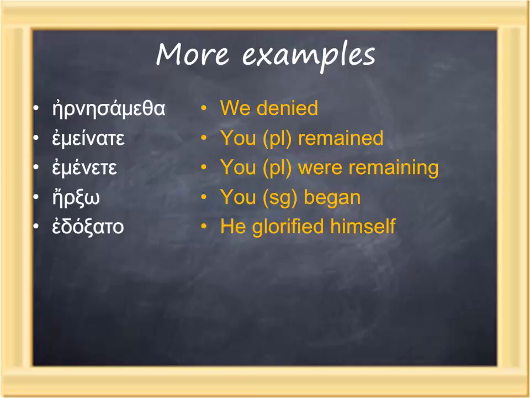Adoxata would be a first aorist middle in the pure form. He glorified himself. Aaron is a third person singular first aorist liquid active. She took up or she took away.